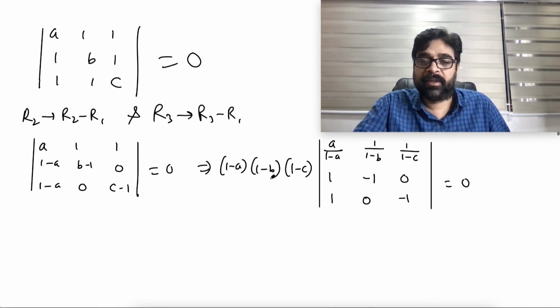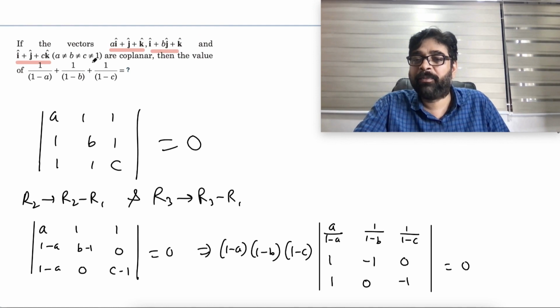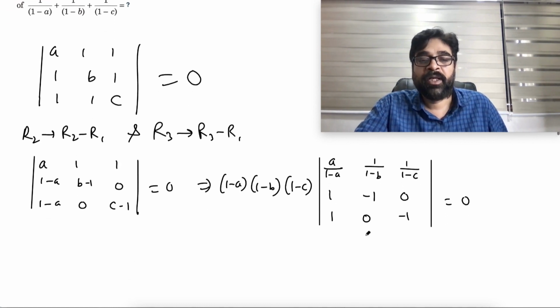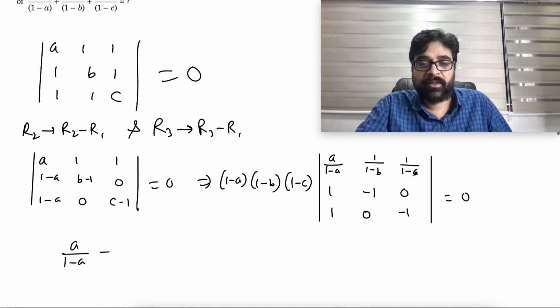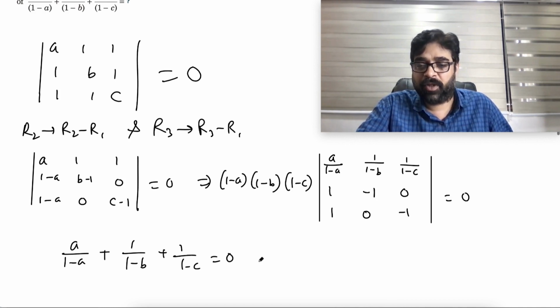Now, since A is not equal to 1, B is not equal to 1, C is not equal to 1, the common factor is not 0. If this is not 0, the only possibility is that the remaining determinant is 0. Just expand, your question is done. So A by 1 minus A plus 1 by 1 minus B plus 1 by 1 minus C equal to 0.